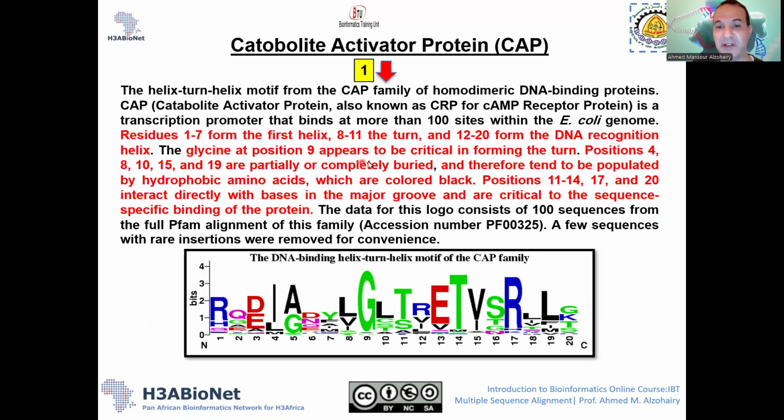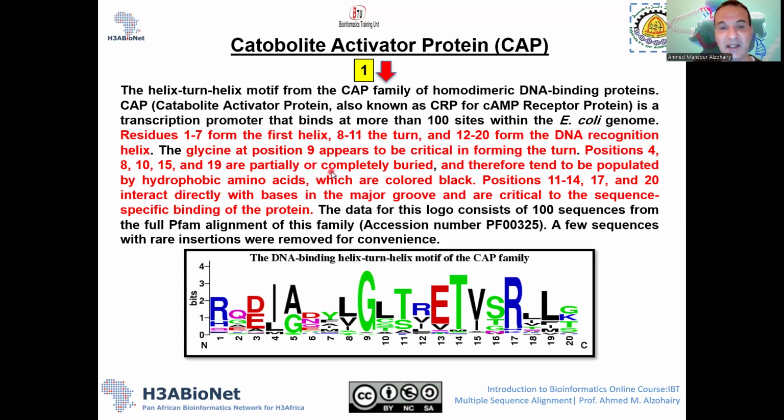And here I describe which amino acids are more frequent and the position of each amino acid, which one is much more conserved, like here in that position, and which one is heterogeneous, and among the heterogeneous ones, which one is more frequent than the others at the same position. Like here, if you look at position number 1, there are different amino acids, and one is more frequent than the others at the same position.